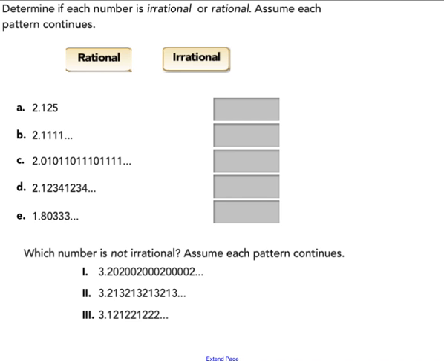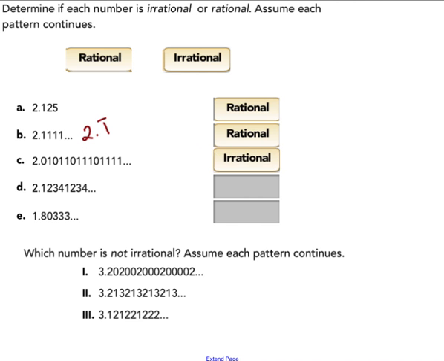Okay, are these rational or irrational? Here we go. A, that decimal terminates, so that is a rational number. B, that keeps repeating, it's 2.1, where the 1 repeats itself, so that is rational. C, there's a pattern, but there is no repeating, so that is irrational.